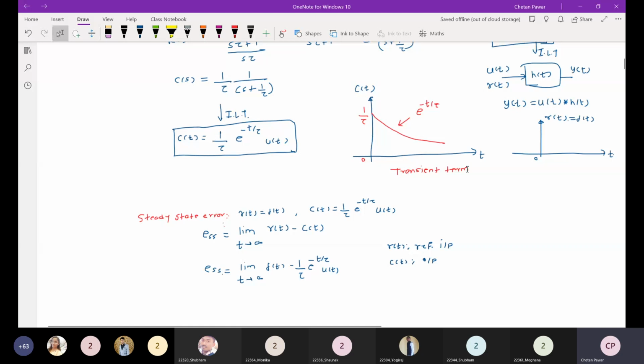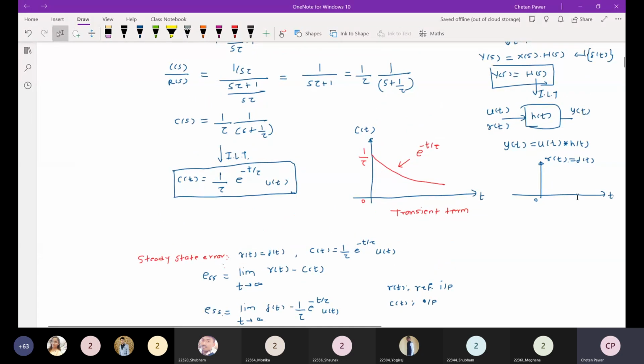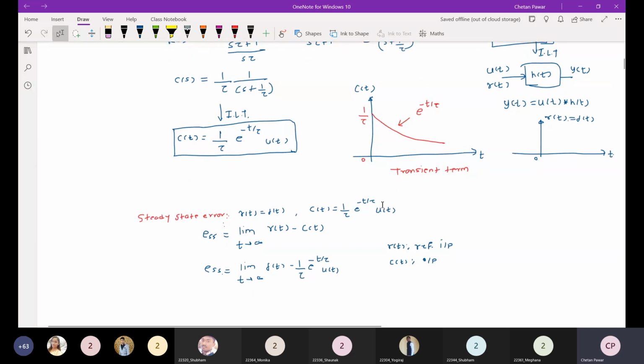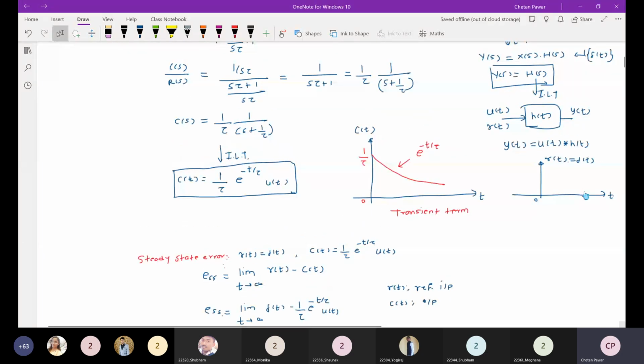So if you observe these two signals, one is the output signal C of t and one is the input signal R of t, that is a delta of t, right? Impulse signal, impulse as the input. Now, as t tends to infinity, you can see the input does not exist.